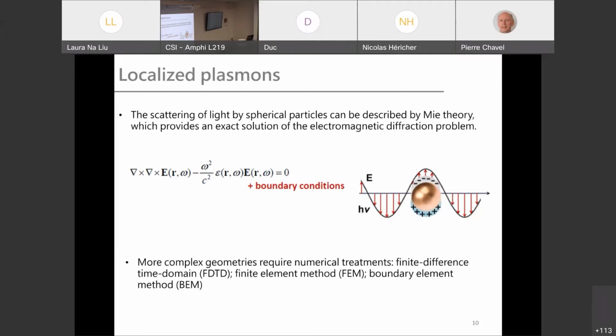For example, there are commercially available software like finite difference time domain, finite element method, and boundary element method software to use.